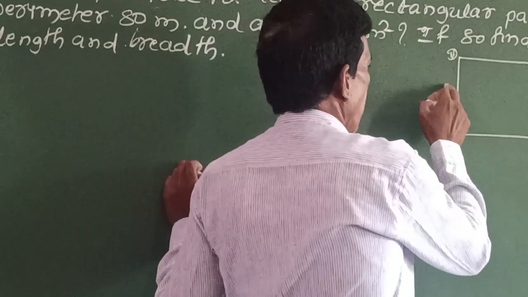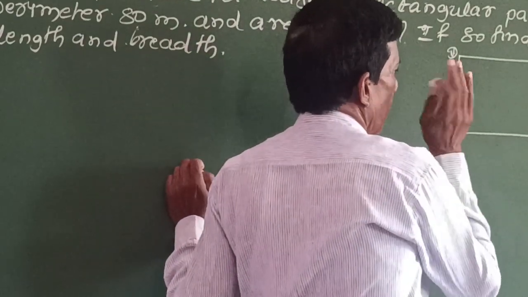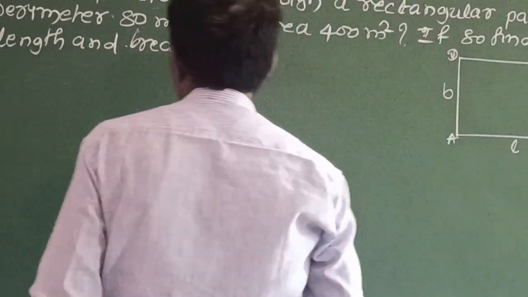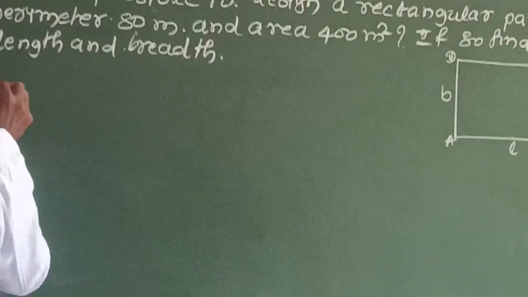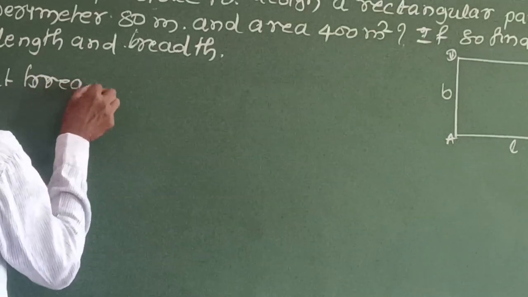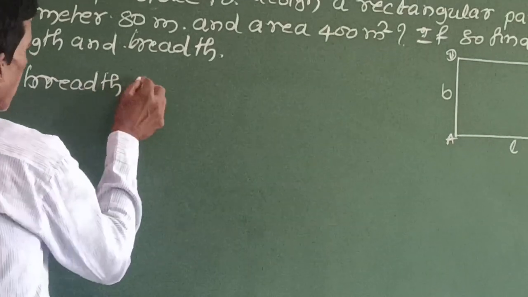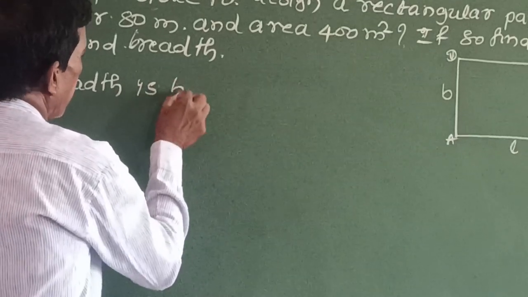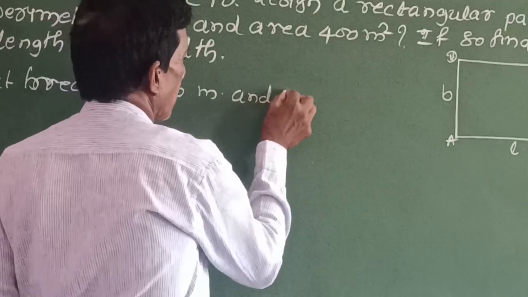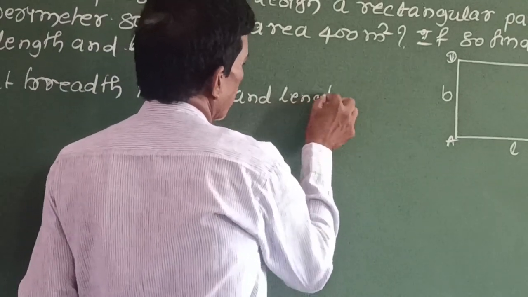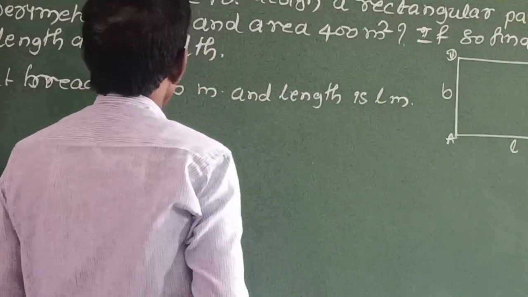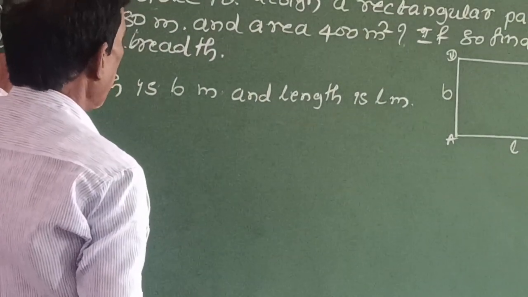Let the breadth be B meter and the length be L meter. Given the perimeter of 80.